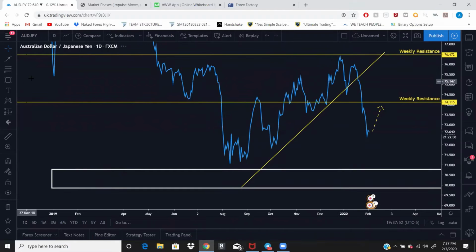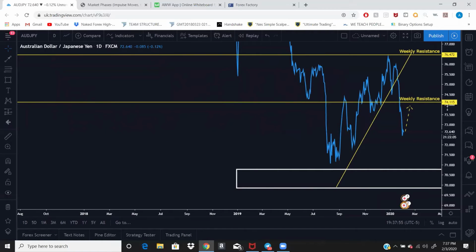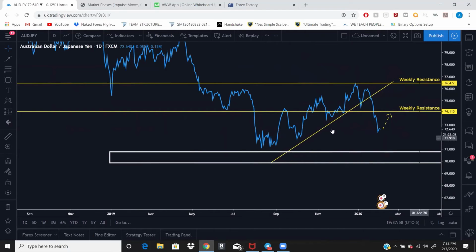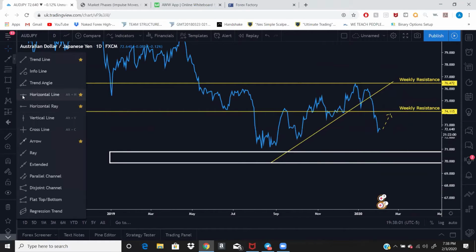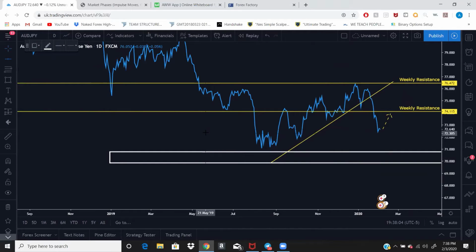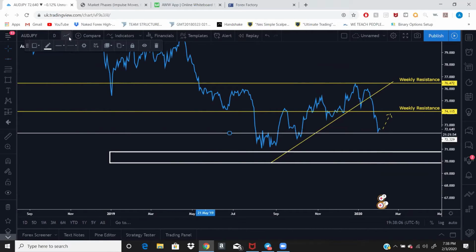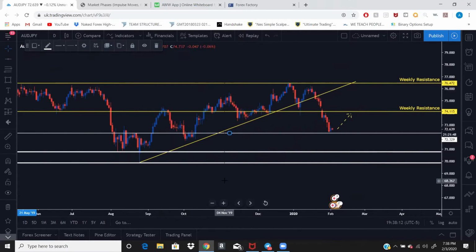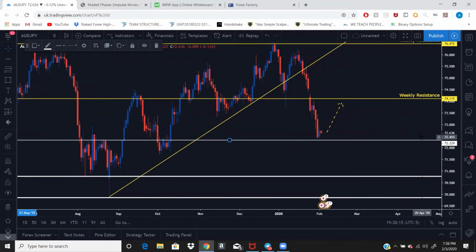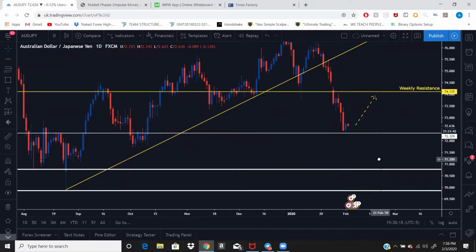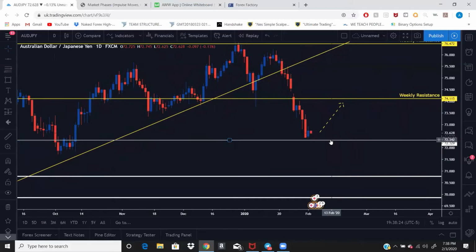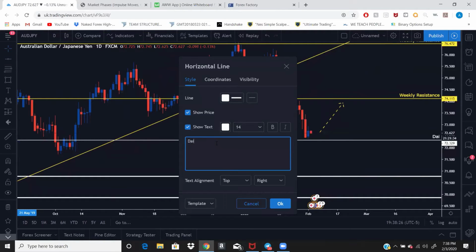Let's just see if we can find the daily support here prior to this demand zone. Okay. Not the best one, but it does seem like it. Yeah, retest, retest. Okay, so this is what I'll tell you.